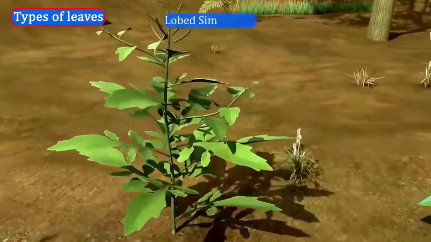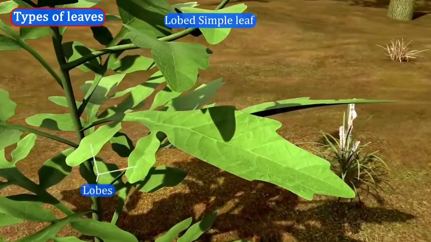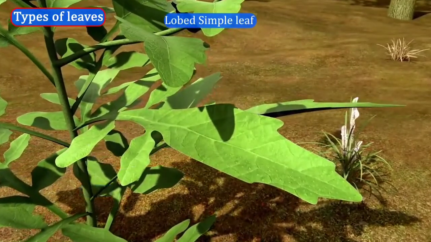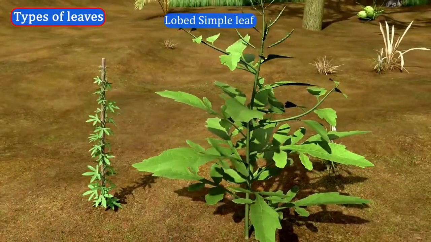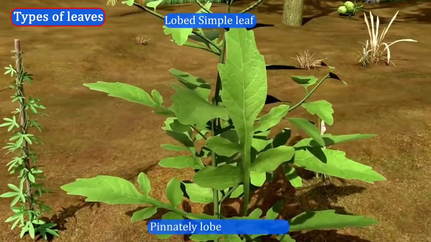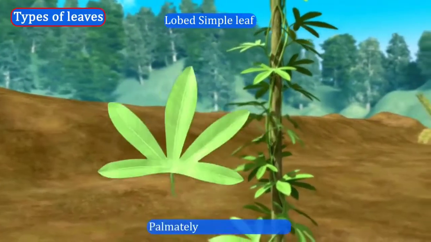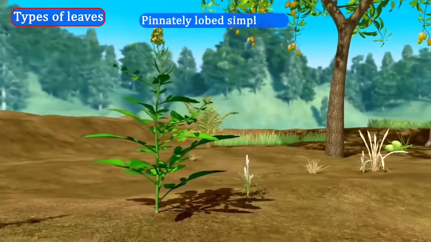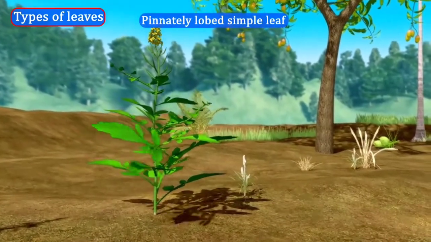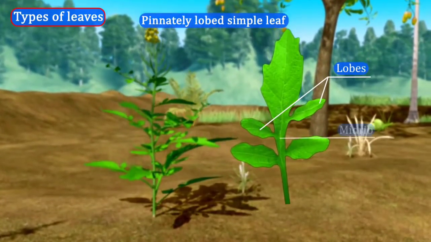In a lobed simple leaf, the lamina is partially dissected into lobes. On the basis of position of lobes, simple leaves are classified into two types. They are pinnately lobed simple leaves and palmately lobed simple leaves. Pinnately lobed simple leaf. In this simple leaf, lobes of the lamina are present on either side of the midrib.